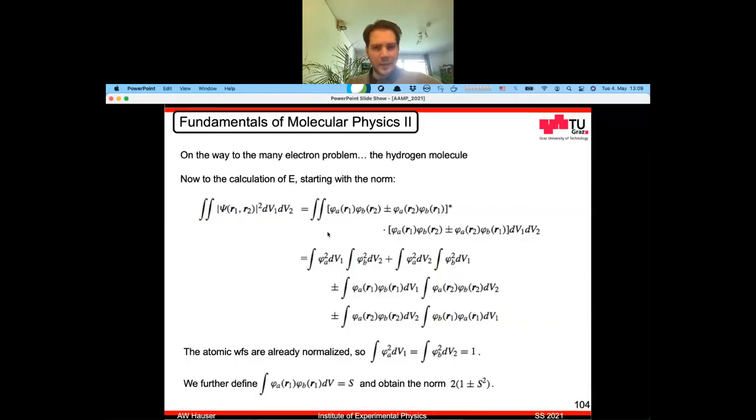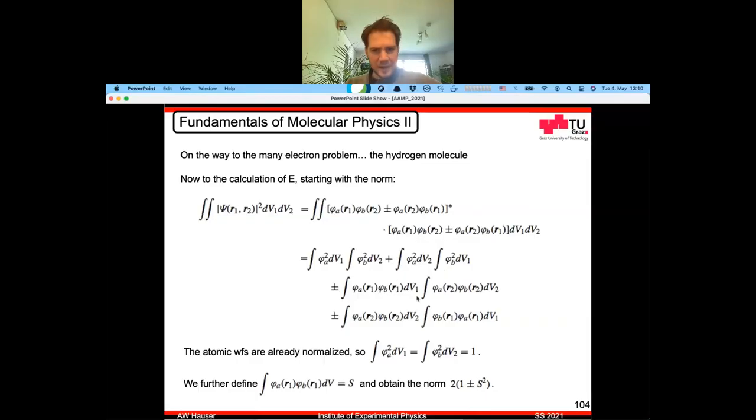So we have integral over phi a squared times integral over phi b squared here, and for the next terms too. But then we have this other type as well, where we have an integration over the first electron coordinate, but it combines an electron sitting in orbital A and an electron sitting in orbital B, right? So you just multiply this out. You have an integral over these 2 electron coordinates, the first and the second, and then you see you have these types of integrals that pop up.